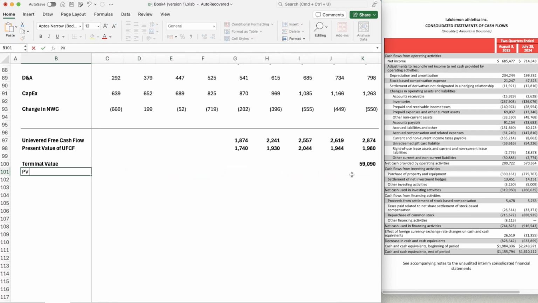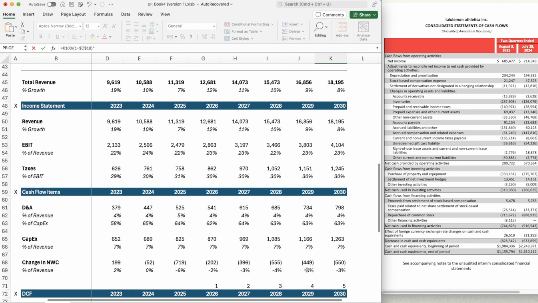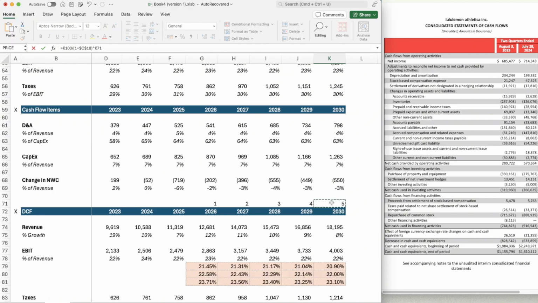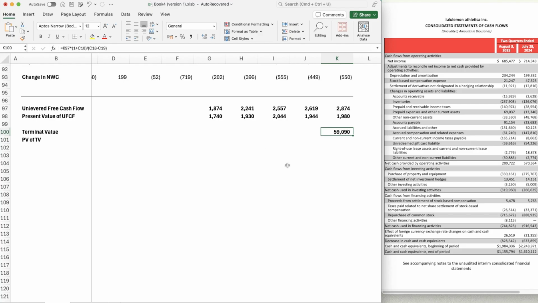So go PV of TV, and you do 59 divided by 1 plus the WACC to the power of the final year, which is 5. Hey, why isn't it showing?